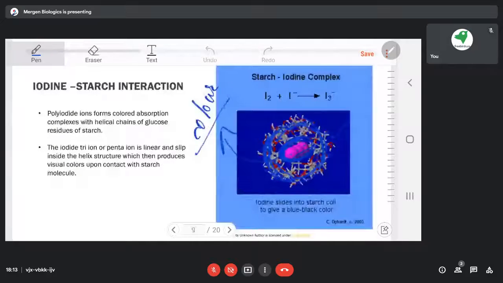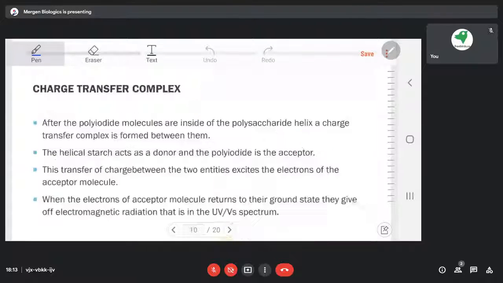Then again, why is the coloration change happening? This is because of the starch charge transfer complex. Now what is the charge transfer complex, and how does this change the color of an entire sample? When the polyiodide molecule goes inside the helix of starch, they get bound, and the helical starch acts as an electron donor, and the polyiodide acts as an electron acceptor. That means they will accept the electron that is donated by the helical starch.